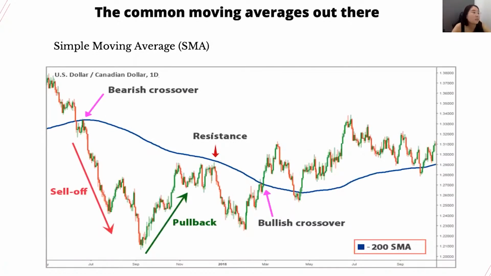So let's start with the simple moving average. The simple moving average is a straightforward technical indicator that is obtained by summing the recent data points in a given set and dividing the total by the number of the time period. So traders use the simple moving average indicator to generate signals on when to enter and exit a market. And SMA is backward looking, and it relies on the past price data for a given period.